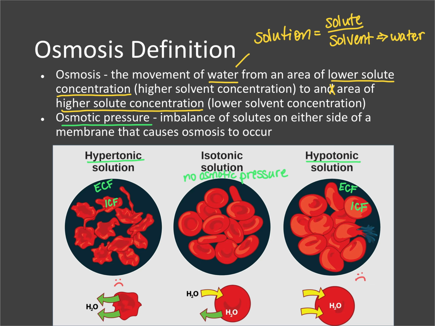But osmoregulation happens when cells are isotonic with their environment. So the isotonic solution is what we would call homeostasis. And osmoregulation is how we maintain that homeostasis.